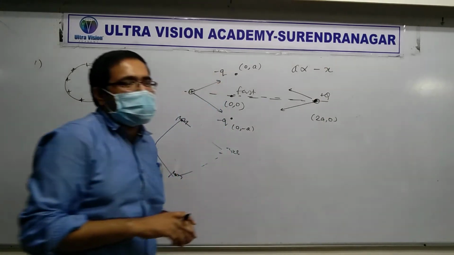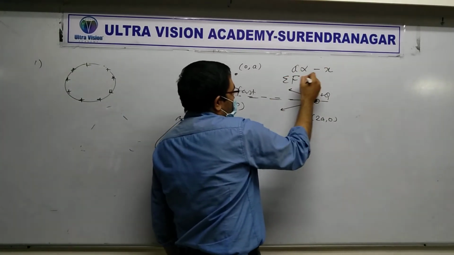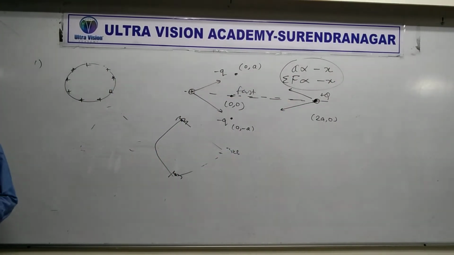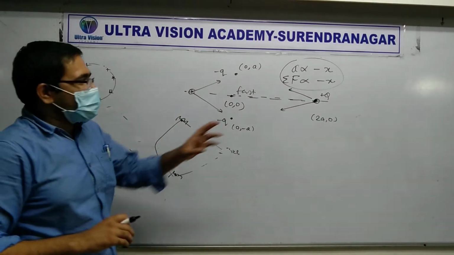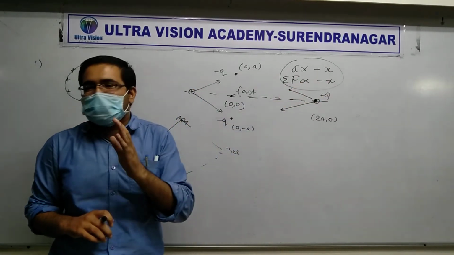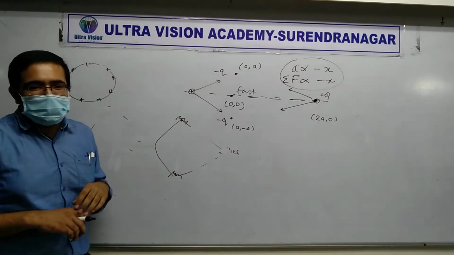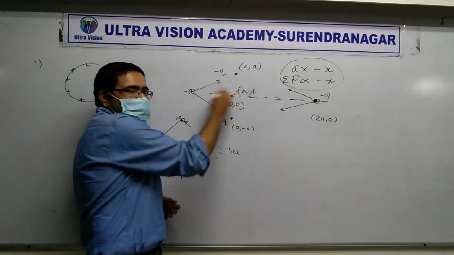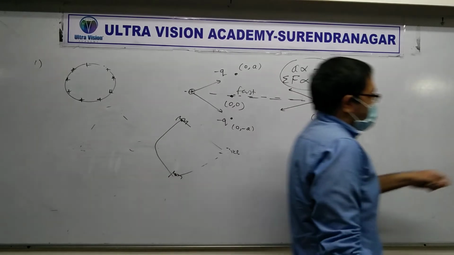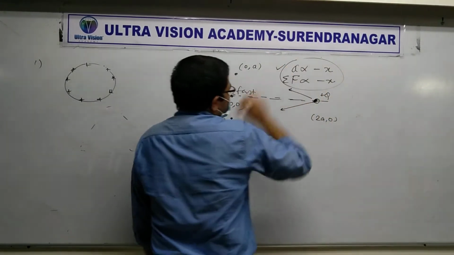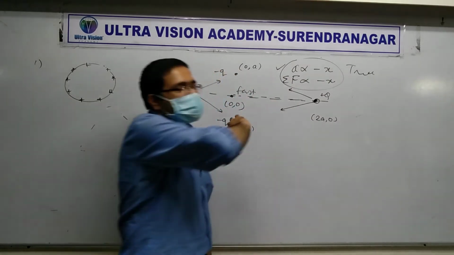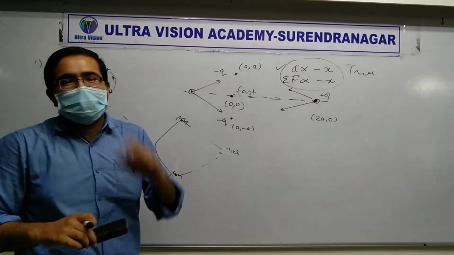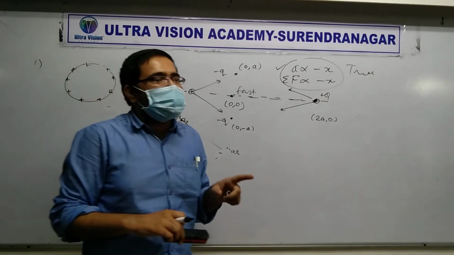Do you remember that? And this x is the displacement from the mean position. Where will the mean position be? Is that clear? The origin is the mean position. So in such a case we have to check this. If this is true it is SHM; if this is not true then it is oscillatory but not SHM.